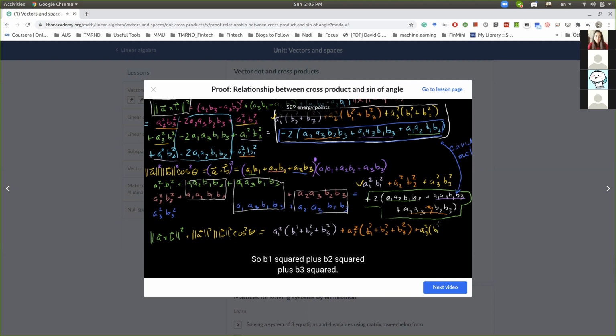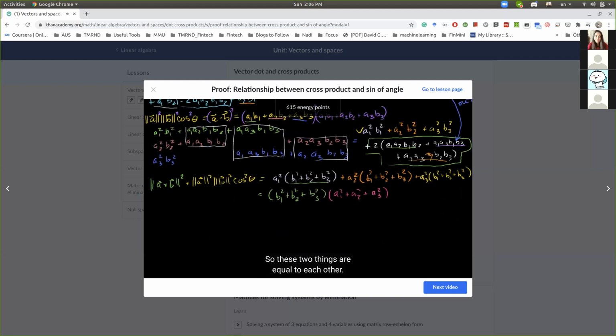So b1 squared plus b2 squared plus b3 squared. And if you see, we're multiplying all of these things by this b1 squared plus b2 squared plus b3 squared, so we can actually factor that out, and we get something very interesting. So this is equal to, if we factor this thing out of all the terms, b1 squared plus b2 squared plus b3 squared times my a squared terms, a1 squared plus a2 squared plus, I'm getting excited, the home stretch is here, a3 squared.